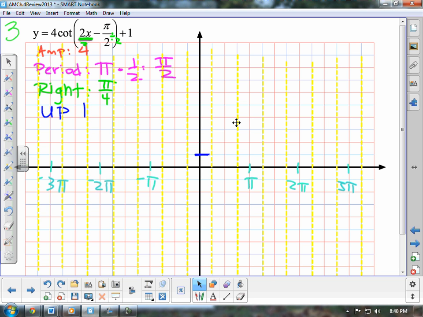And so we have a really narrow opening for cotangent. And since our midline is here, halfway in between is where we're going to have points shifted up 1. And halfway in between here and our asymptote, we have to be 4 away. And cotangent is going to be down 4 on the right side and up 4 on the left side. And so one cycle looks like this.